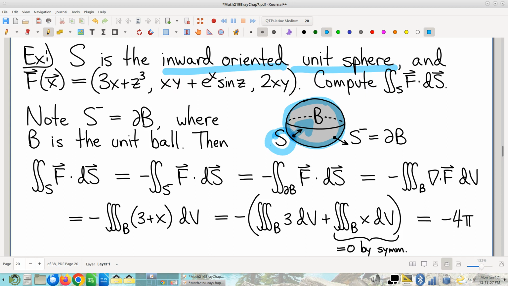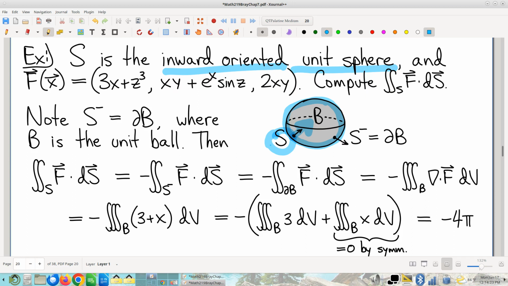Boundary, again, is a loaded word. Boundary means oriented according to these very rigid, standard, arbitrary, but standard interpretations of what we mean by orientation. And that's not it. So as it stands right here, we cannot apply Gauss's divergence theorem.